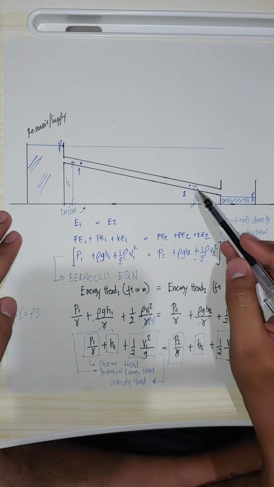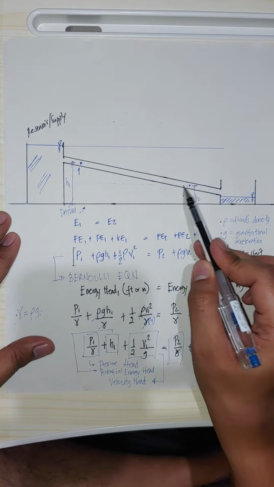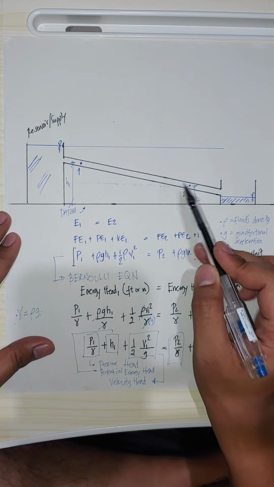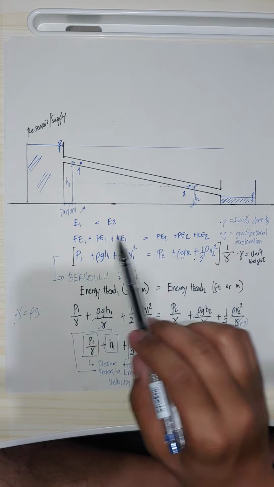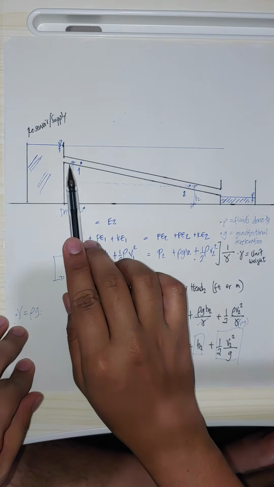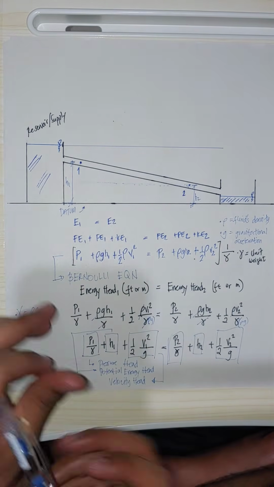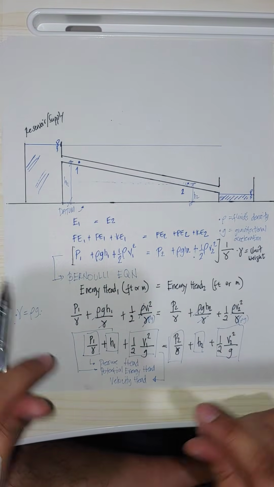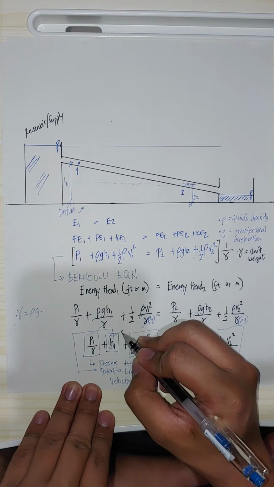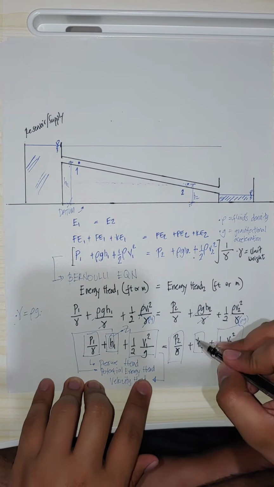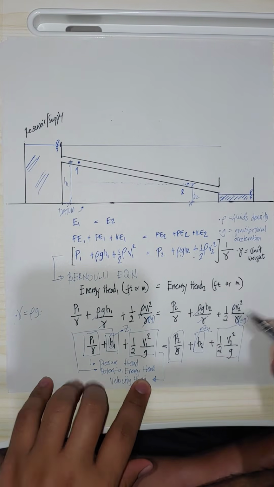If this point is the datum line, then H2 is 0 because it is here, and we only measure the height from here to here. They are still equal because it is still H1 minus H2, which is this one. Other times, the symbol used for H is Z, like Z1 and Z2.